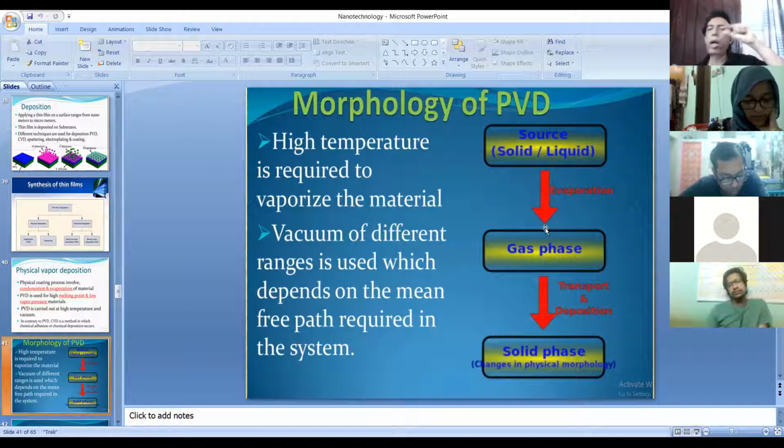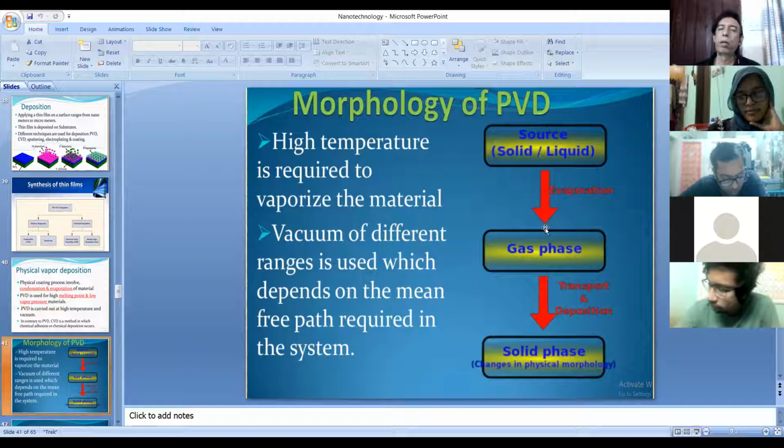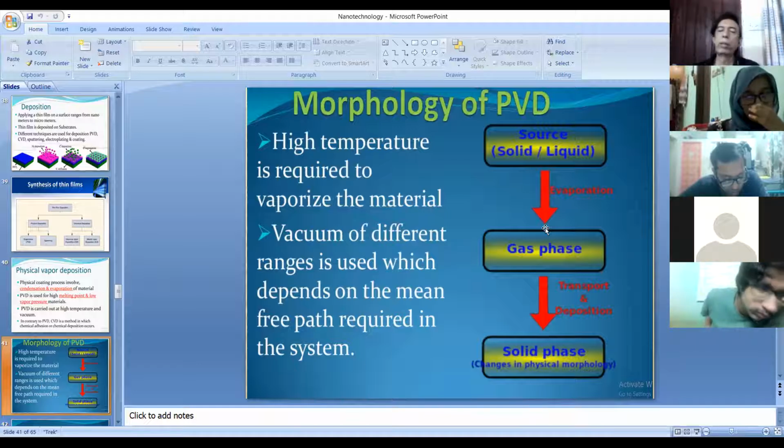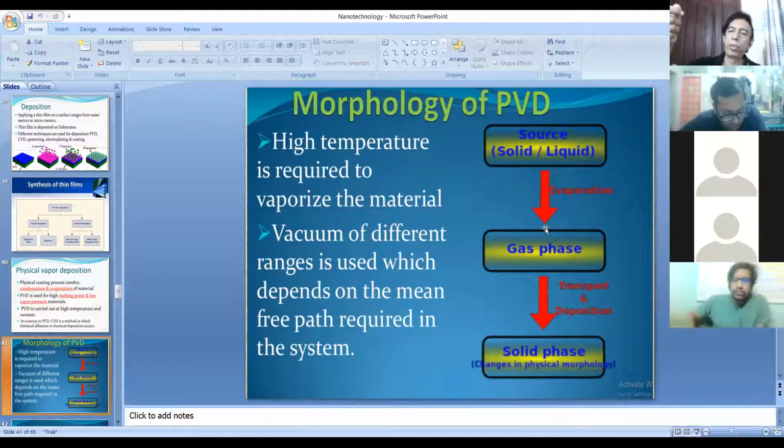So how can you characterize? There are some instruments by which you can characterize. Sometimes these instruments are attached to the machine you are doing the experiment with. Sometimes you have to take the thin film and place it in another machine.